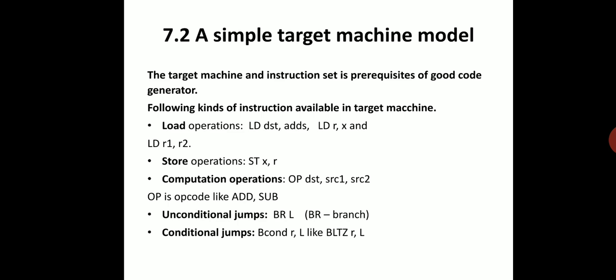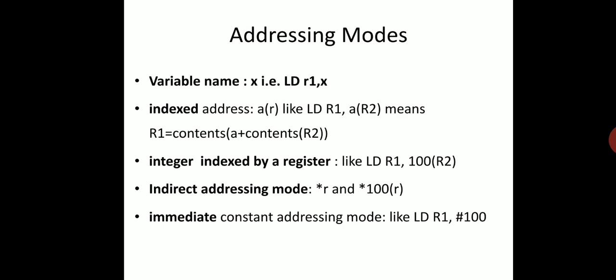So these are the different forms of instruction that can be available in the target machine, and we should have prior knowledge about the architecture as well as the availability of instructions in the target machine. Then, what addressing mode is used by the target machine? We have different addressing modes like indexed addressing mode, integer index by register addressing mode, indirect addressing mode, and immediate constant addressing mode.